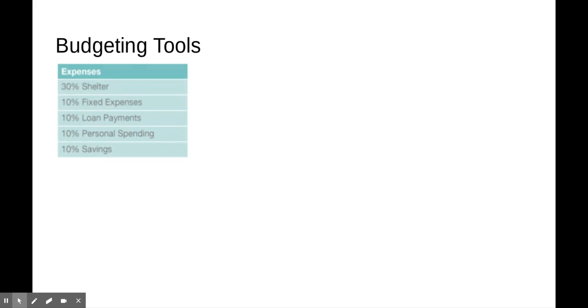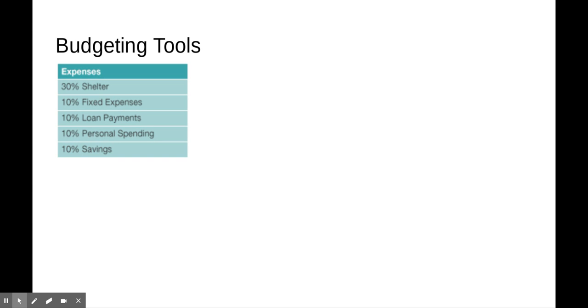The other thing you may have noticed in grade 8 is to start looking at budgeting tools. A good rule of thumb is these percentages when we're generally thinking about our budget, but we will need more specific tools to help us out. There are lots of budget tools available online.